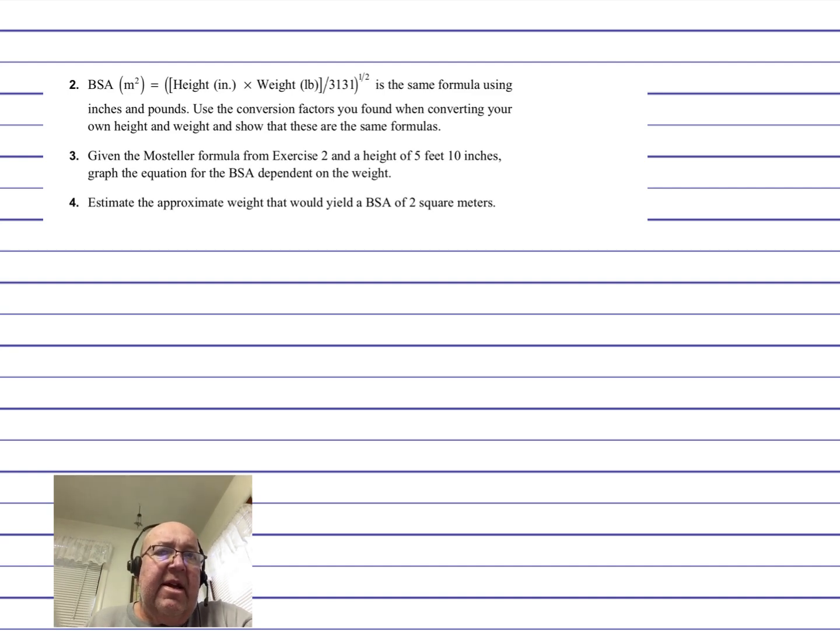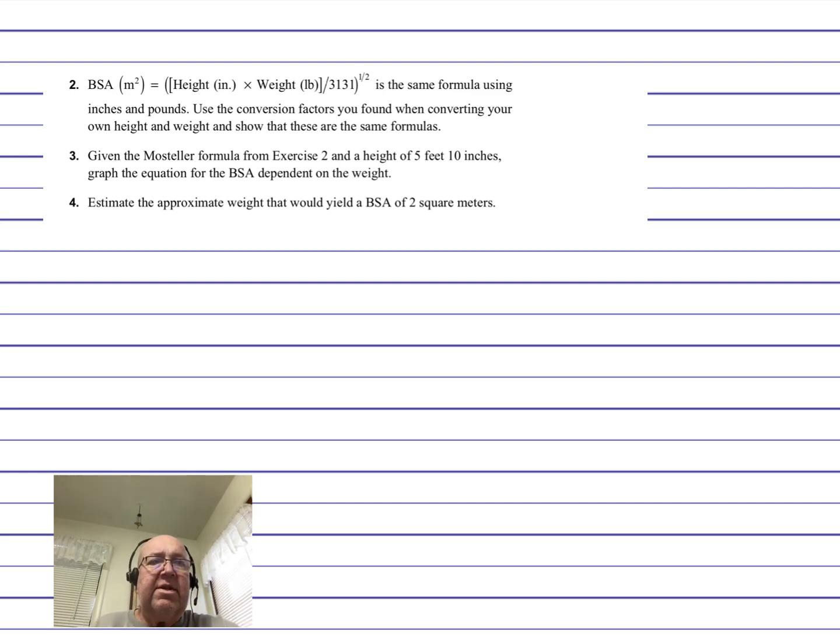Part 3 is given the formula from exercise 2 and a height of 5 feet 10 inches. You want to graph that equation. Again, it's good if you use Desmos or other graphing software.